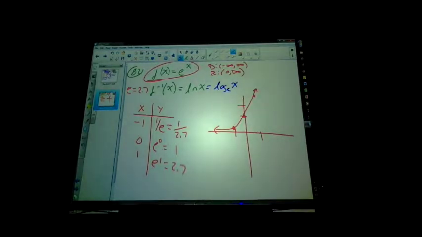Let's see. If I were to take -1 and plug it in, I'd get log base e of -1, which is natural log of -1. Somebody plug that into your calculator and tell me what you get. ln -1.